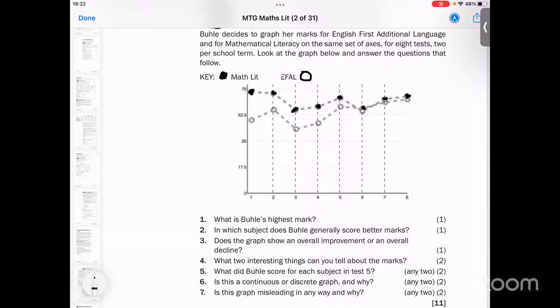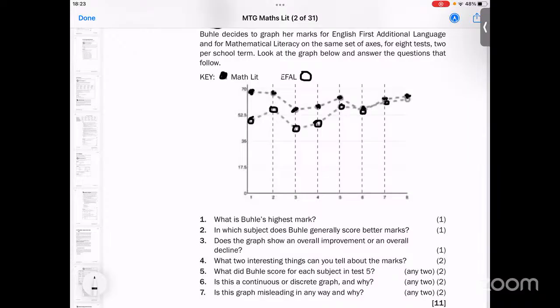So now they say, in which subject does Boutle generally score better marks? I think here it is just a matter of comparing the two graphs to say, remember, this one of the empty circles would be EFAL, being English First Additional Language.